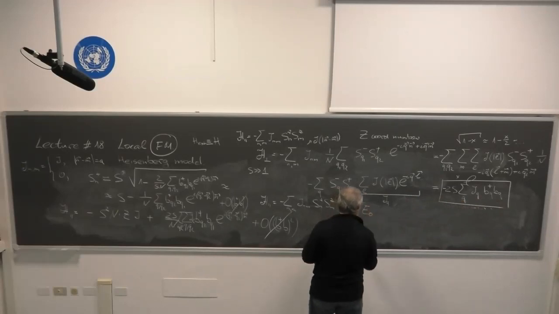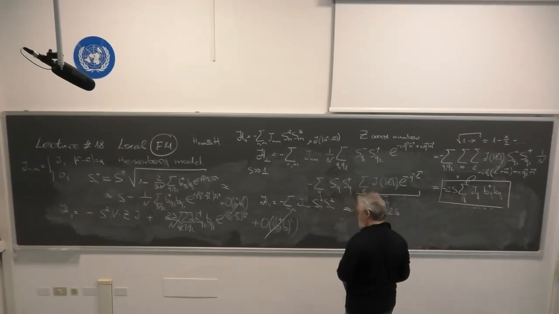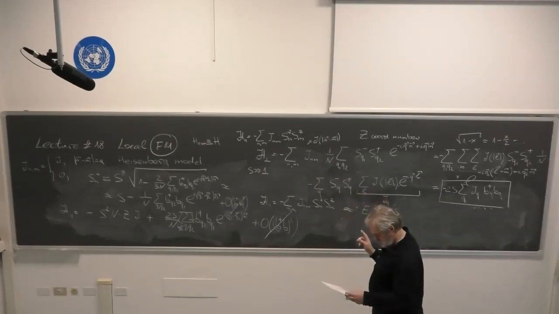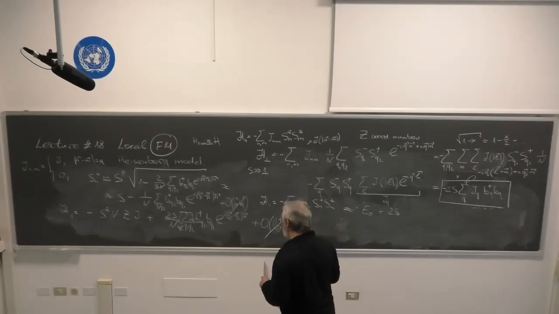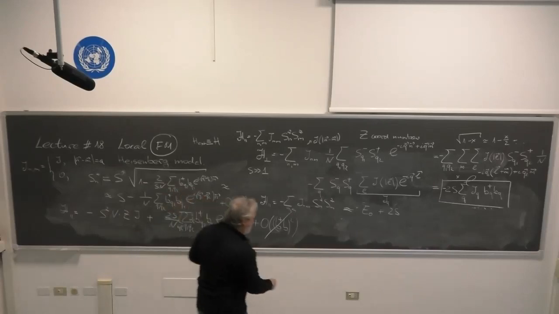I will write it here: plus 2S. The summation over n gives me N, so N is cancelled out.